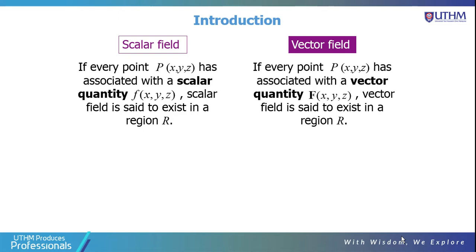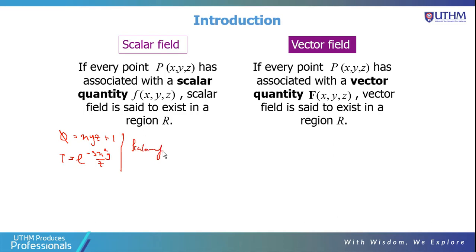For the scalar field, if every point x, y, z is associated with a scalar quantity, in terms of a function, the scalar field is said to exist in the region R. For example, let's say we have the function phi equal to xyz plus 1, or t equal to exponent negative 3x to the power 2y to the power of z. This one we call a scalar field.